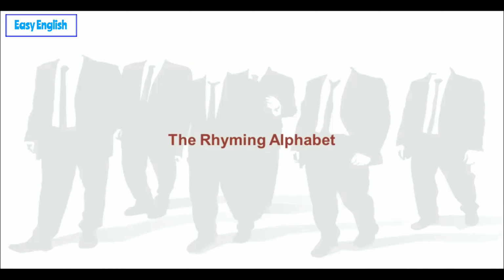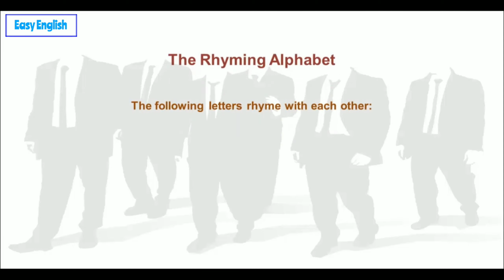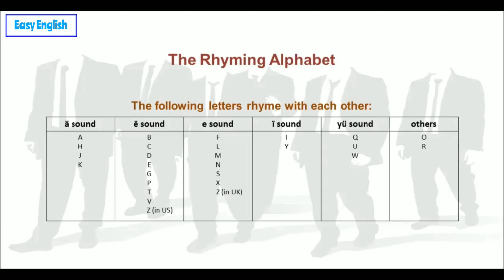You may have noticed that many of the words that we've just looked at have a very similar pronunciation. They use the same vowel sound. The following letters are separated into categories that rhyme with each other, starting with the long A sound.